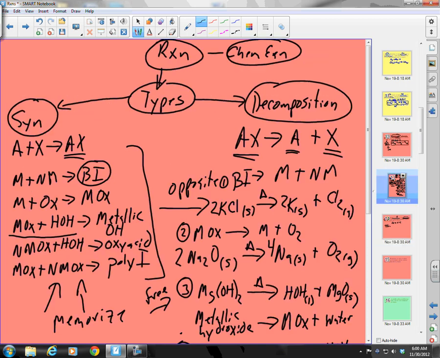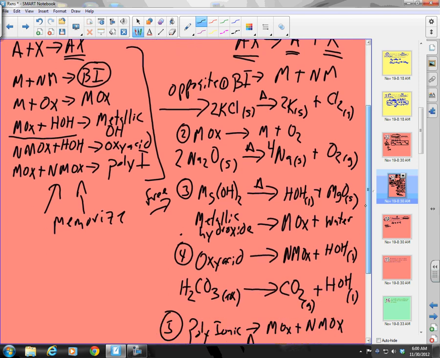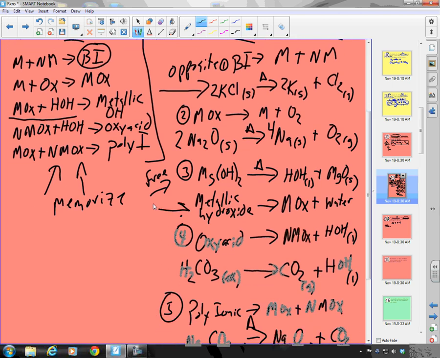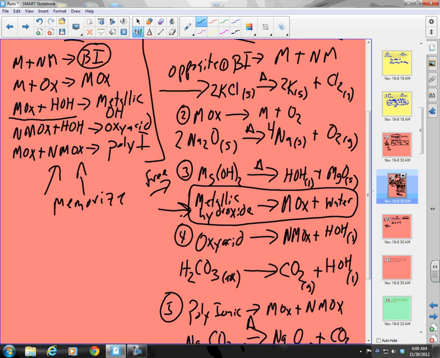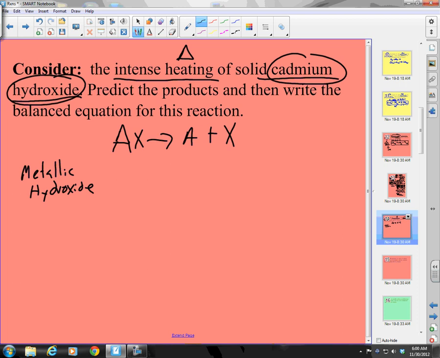Let's find our metallic hydroxide. Metallic hydroxides form metallic oxides plus water. Good. Okay, so metal oxide plus water. All right, so cadmium is Cd.